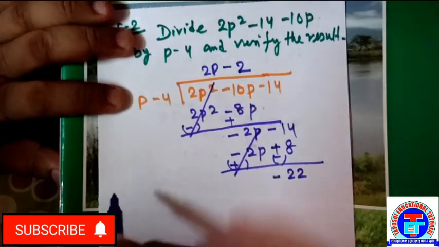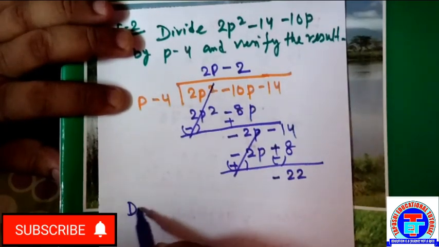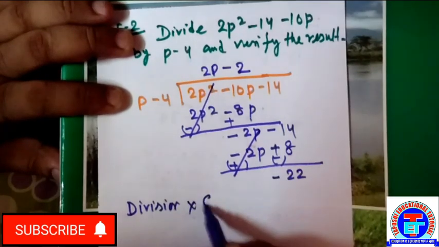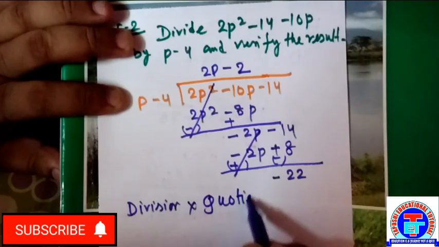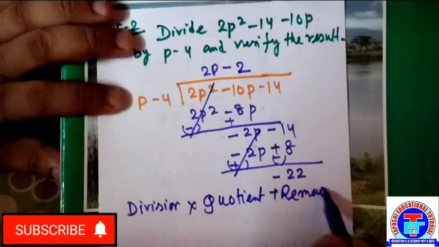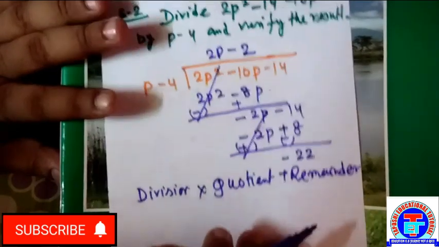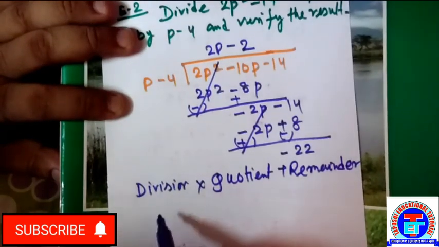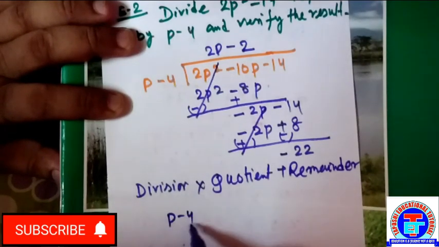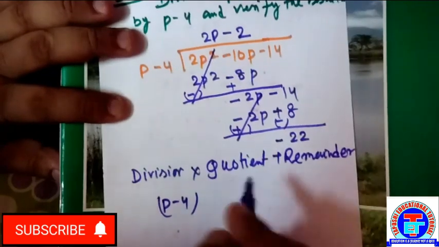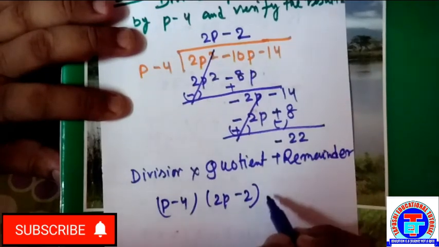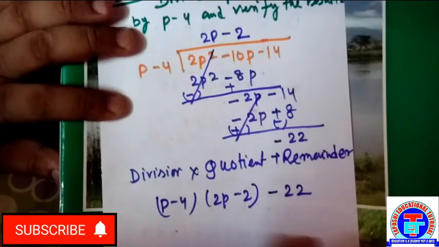So here the verification is written this way. As you know, the divisor into quotient plus remainder, right? Now put the values here. The divisor is p minus 4, the quotient is 2p minus 2, and the remainder is minus 22, right student?